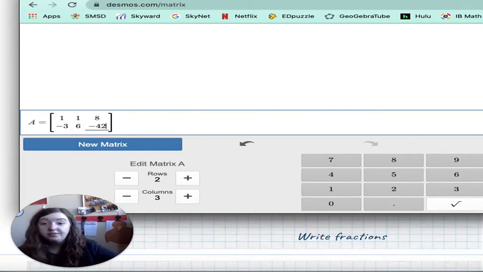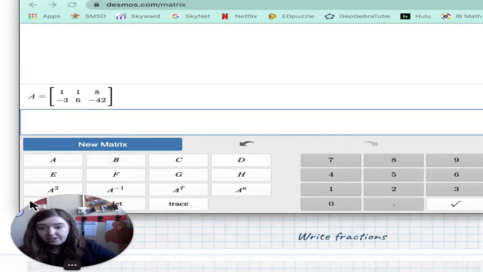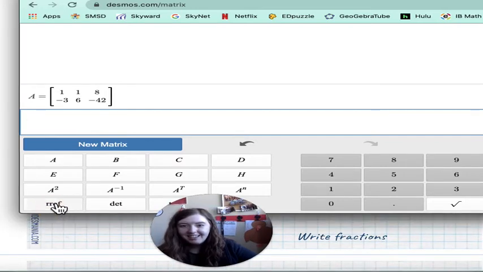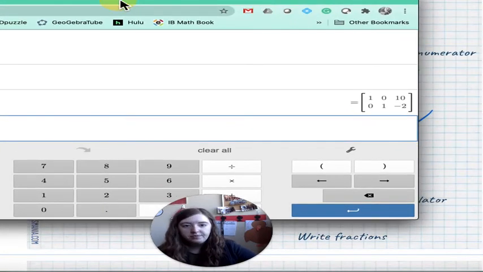Press Enter. I'm going to click on Reduced Row Echelon Form right behind my head. There it is. Reduced Row Echelon Form of A. Enter. All right. So we're ending up with 1, 0, 10, 0, 1, negative 2.